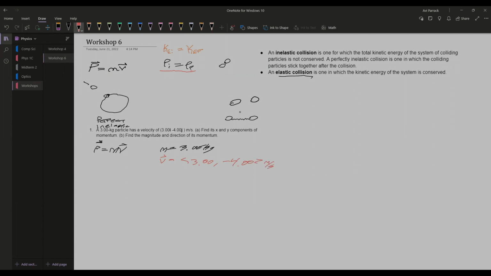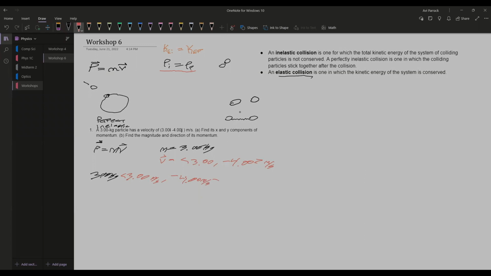That's velocity. So the momentum really is just 3.0 kg times this vector quantity, 3.0 meters per second, comma, minus 4.00 meters per second.